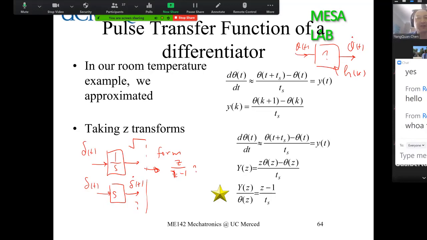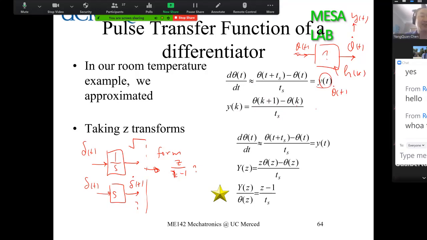So let's assume that theta dot is denoted as y. So y is basically theta dot. Then how to express y in terms of theta? Then we can do theta(k plus 1) minus theta(k) and divide by Ts.